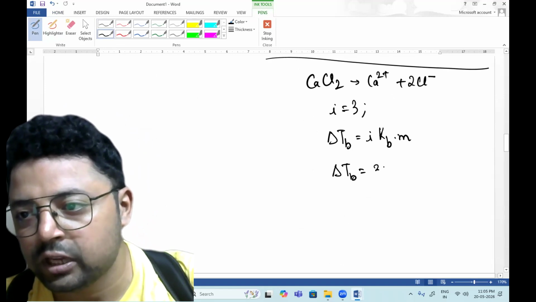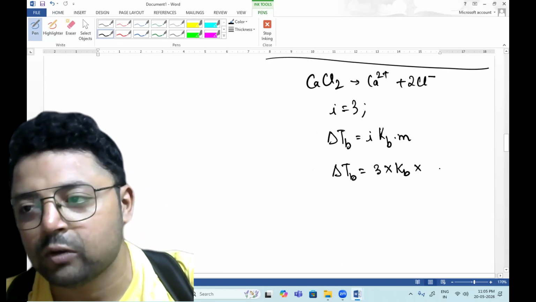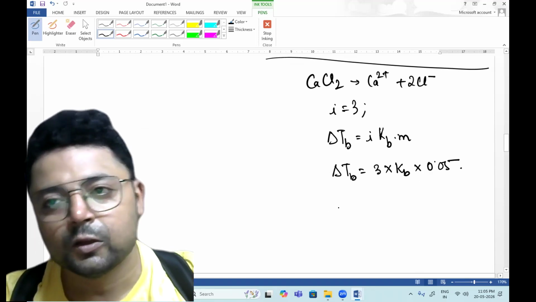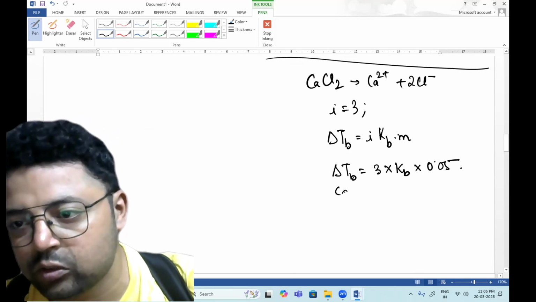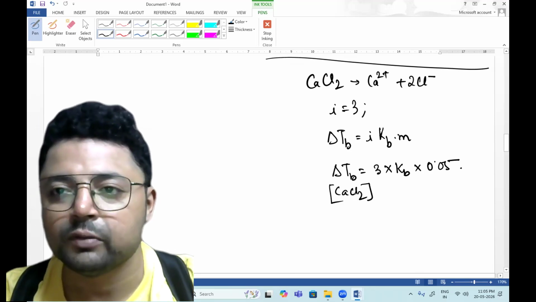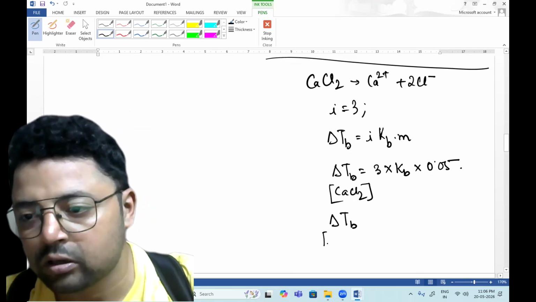So i is 3, Kb has not been given here, times m. What is the value of m here? 0.05. So this is what they have given for CaCl2. So what will be the value of ΔTb for the complex CrCl3·xNH3?